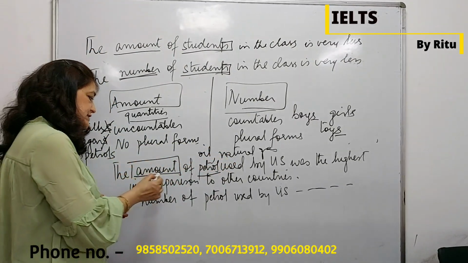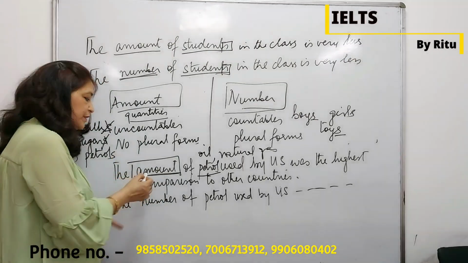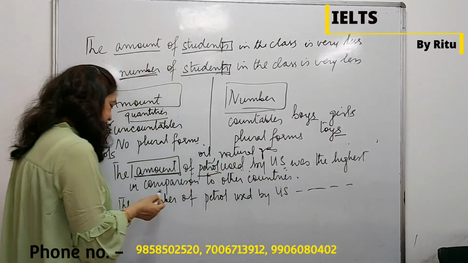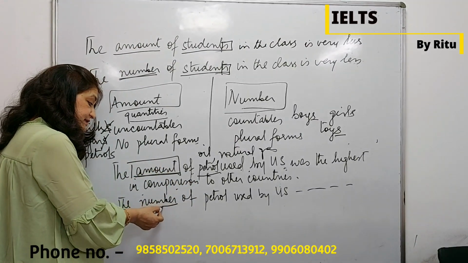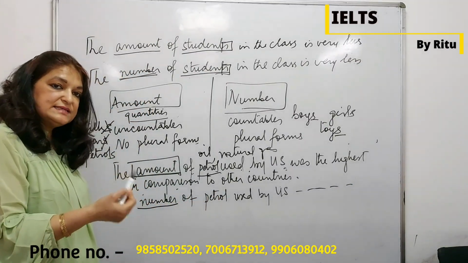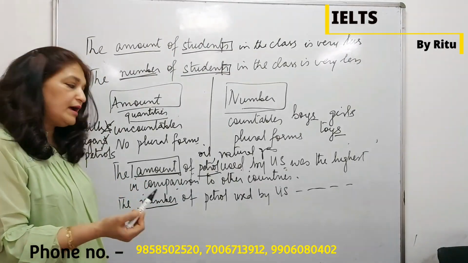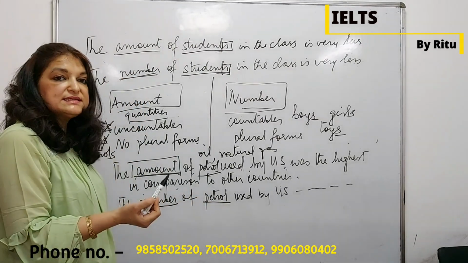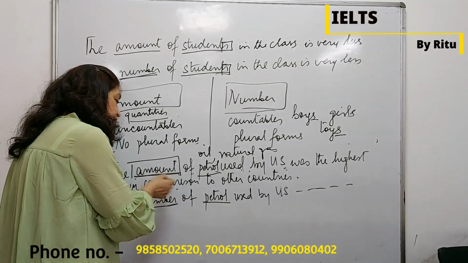In such answers, I can use the word amount. For example, the amount of petrol used by the US was the highest in comparison to other countries. If I write, the number of petrol used by the US was the highest in comparison to other countries, my sentence will be wrong. Why? Because here the noun is uncountable. When my noun is uncountable, how can I use the word number? So here it should be amount.